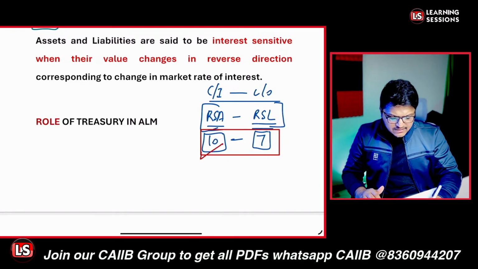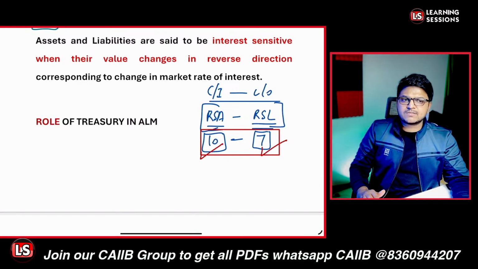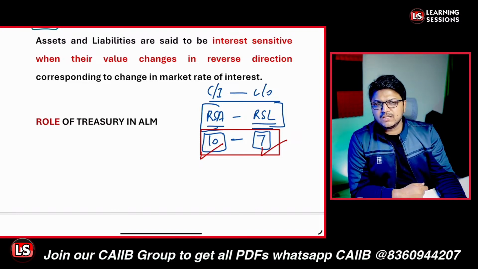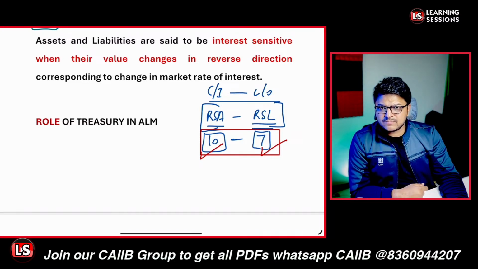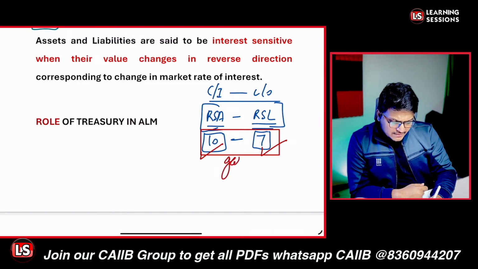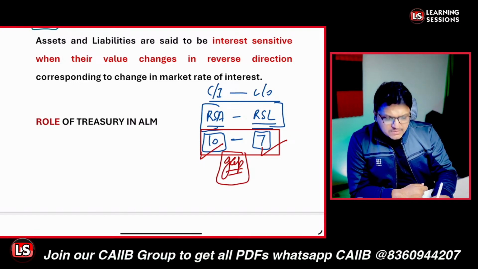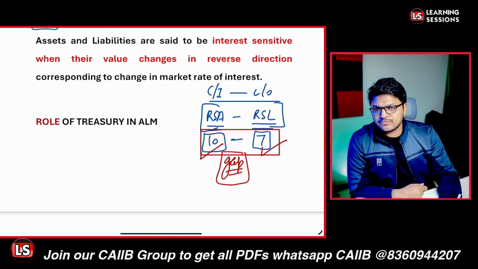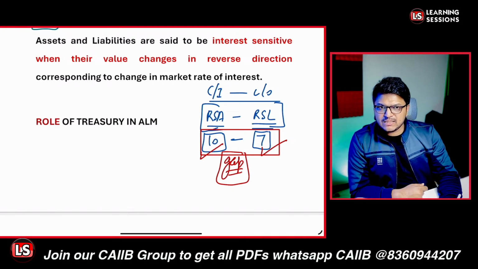These are the risk sensitive assets and these are the risk sensitive liabilities. Definitely there is always a gap between the two, and whenever the gap is there, you can make money out of it. There may be some tweaks you can work upon to make money.